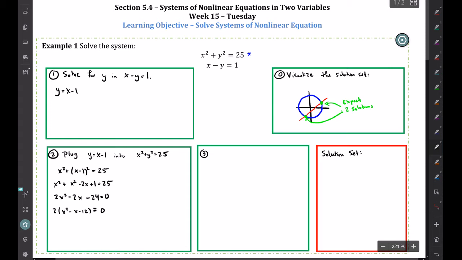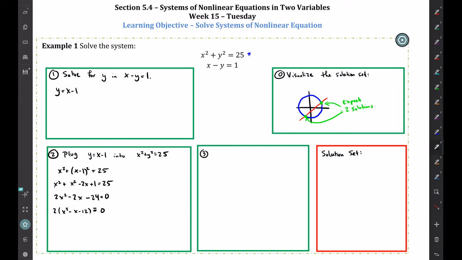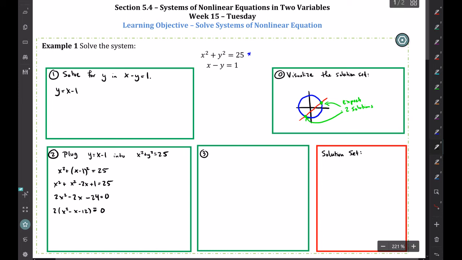Now I can try to factor the x squared minus x minus 12. I'm thinking of things that multiply to give me 12: 3 and 4, 2 and 6. I think 3 and 4 works if I take x minus 4 and x plus 3, that will work. So I get 2 times x minus 4 times x plus 3 equals 0.